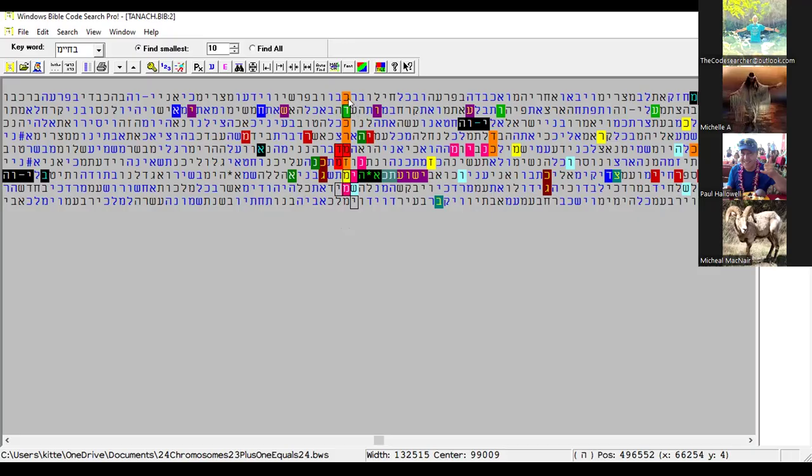Okay, so in Hebrew gematria, the kaf is 20 and the dalet is 4. So that's 24. And then chromosomes, and then chromosome singular comes right in here and connects right here. And I like how the kaf and the kaf, it's all very symmetrical. The resh and the resh and the mem and the mem and the Zion and the Zion, and all meeting here, chromosome and chromosome.